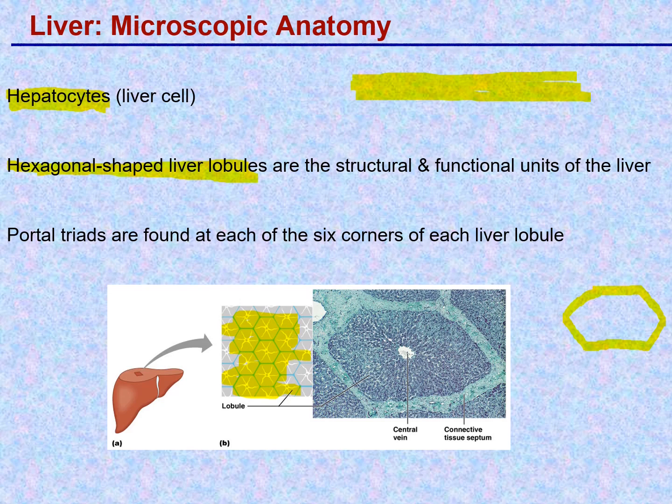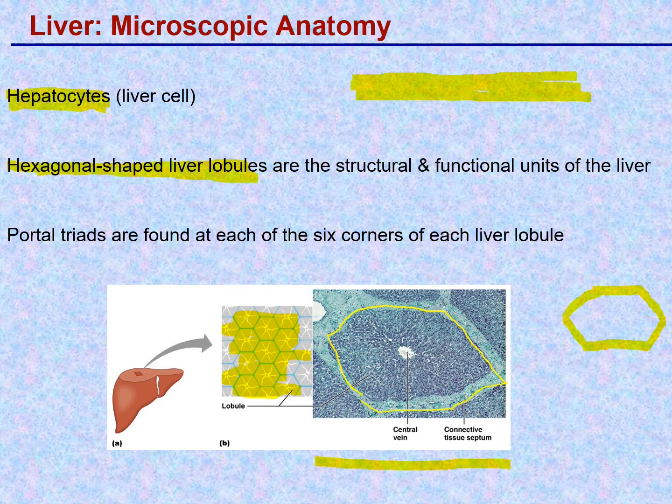In this photomicrograph you can see that each one, in this tissue, is surrounded by connective tissue, and it's 6-sided. So that's very clear. I can tell you that this is not human, because the microscopic anatomy of the liver is the same, but the human liver does not have this surrounding band of connective tissue.